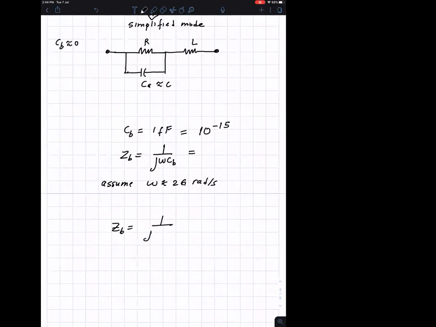ZB is 1 over j omega CB. Just look at the magnitude of ZB. One over omega, 2 gig. 2 gig is how much? 2 times 10 to the power of 9, multiplied by 10 to the power of minus 15.